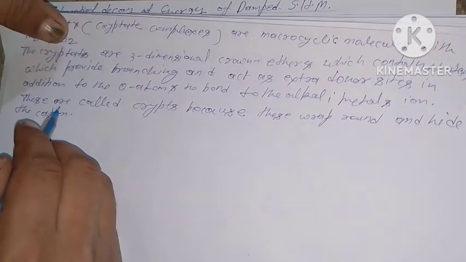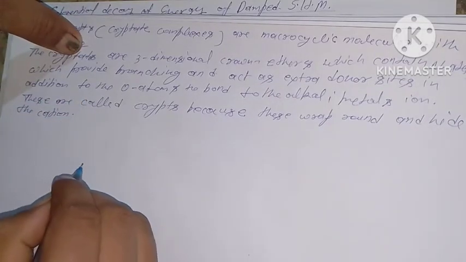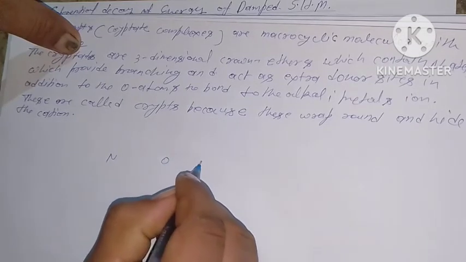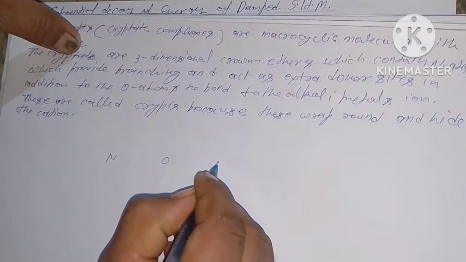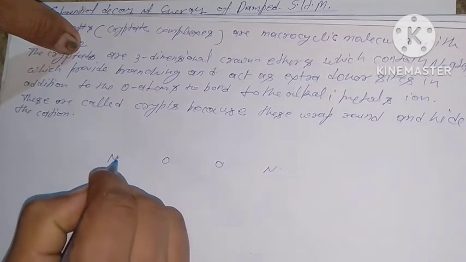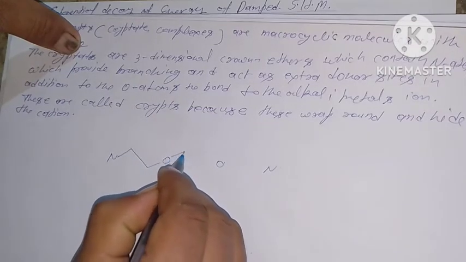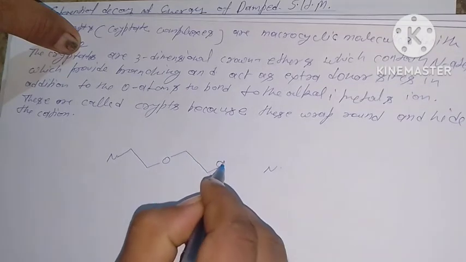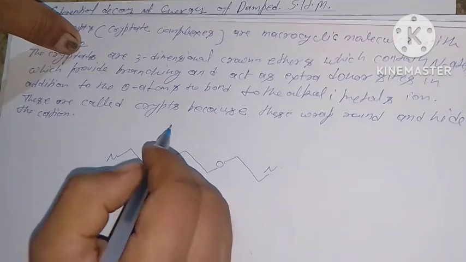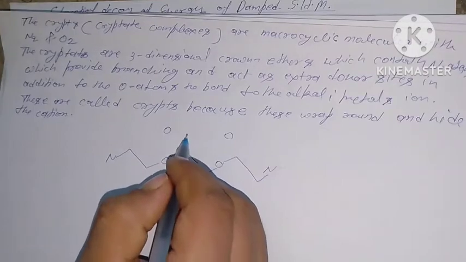The cryptand, you can see, cryptand 222, that is nitrogen, oxygen, nitrogen, oxygen and oxygen.